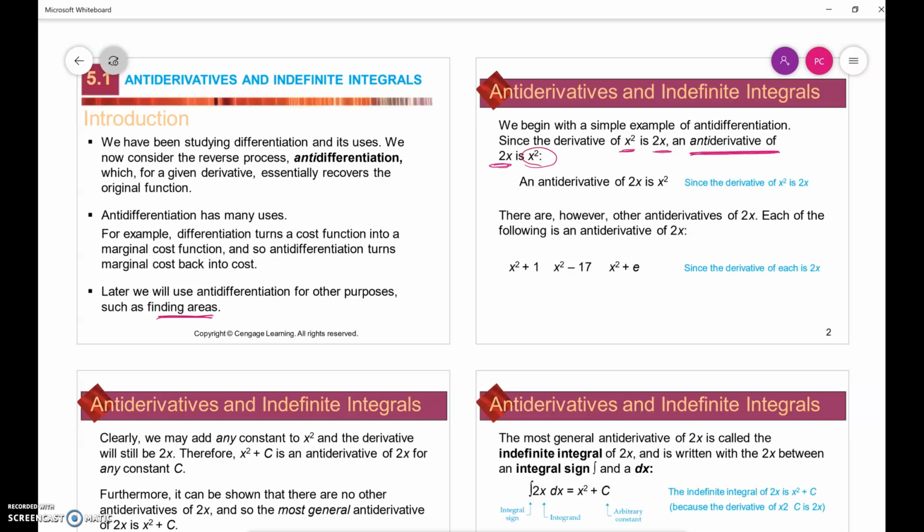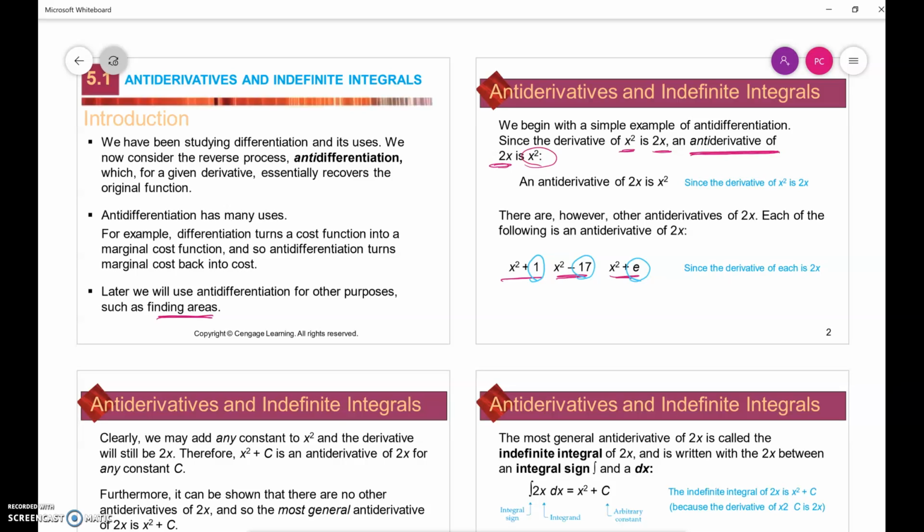There are, however, other antiderivatives of 2x. Each of the following is an antiderivative of 2x: x squared plus 1, x squared minus 17, and x squared plus e. Because remember, the derivative of a constant is 0, so that goes away, giving us just 2x.